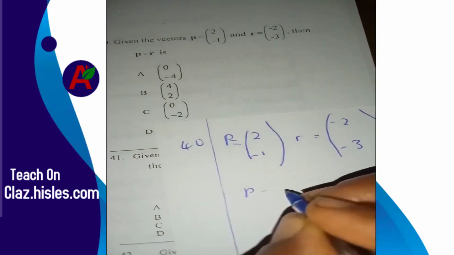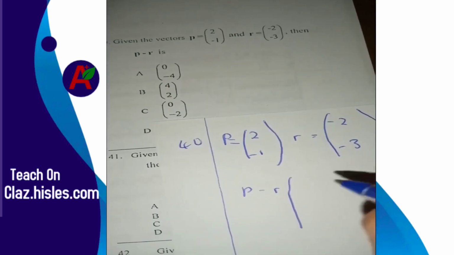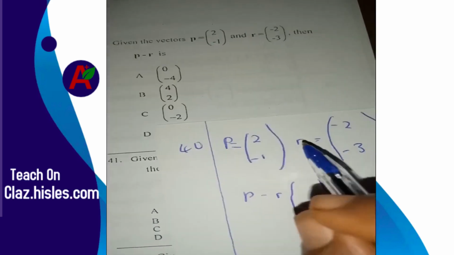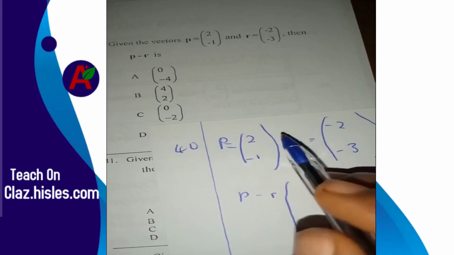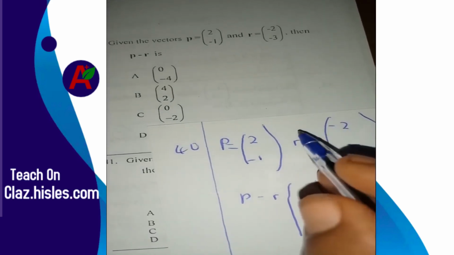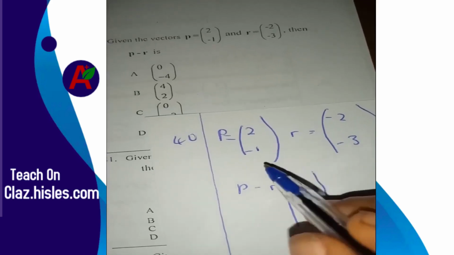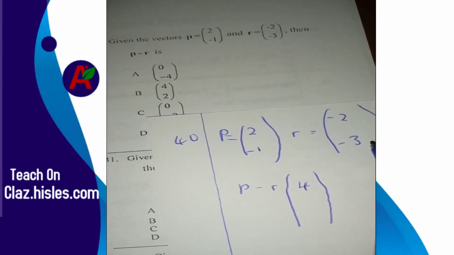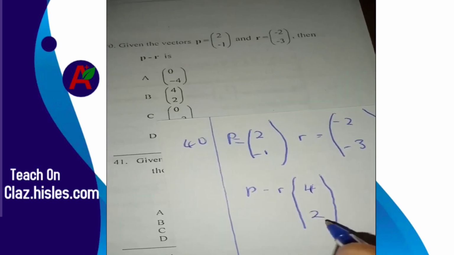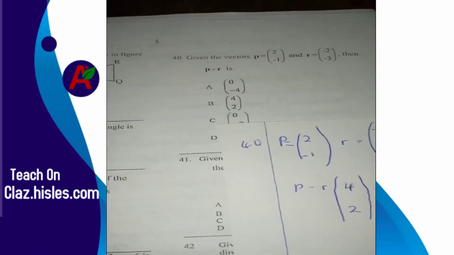For P minus Q, the first term is 2 minus negative 2, which gives positive 4, and we have negative 1 minus negative 3, which gives positive 2. So the answer is 4 and 2. The answer to question 40.